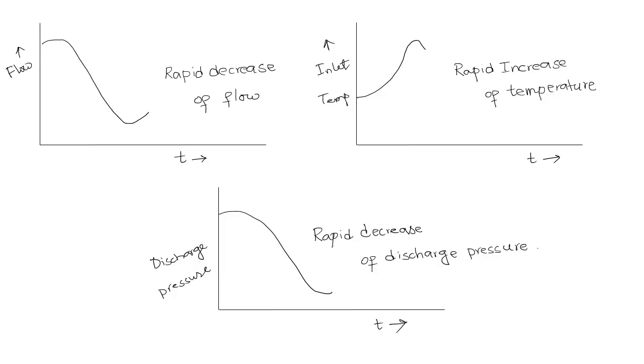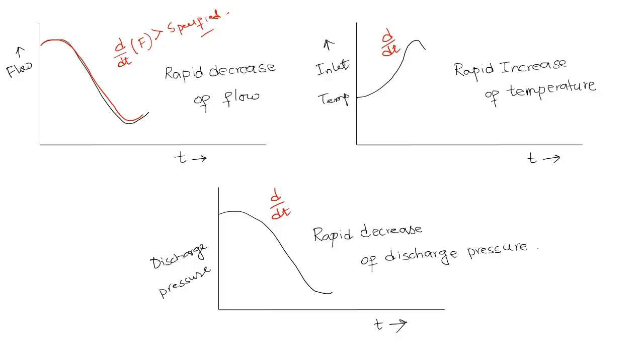As you can see in this chart, the surge can be detected by the surge detection system by the rapid decrease of the flow, which means if dD/dt of the flow is greater than a certain specified value, then it can signal surge, or there can be a rapid increase in the temperature, or a rapid decrease in the discharge pressure. All these things, individually or in combination, normally indicate a surge.